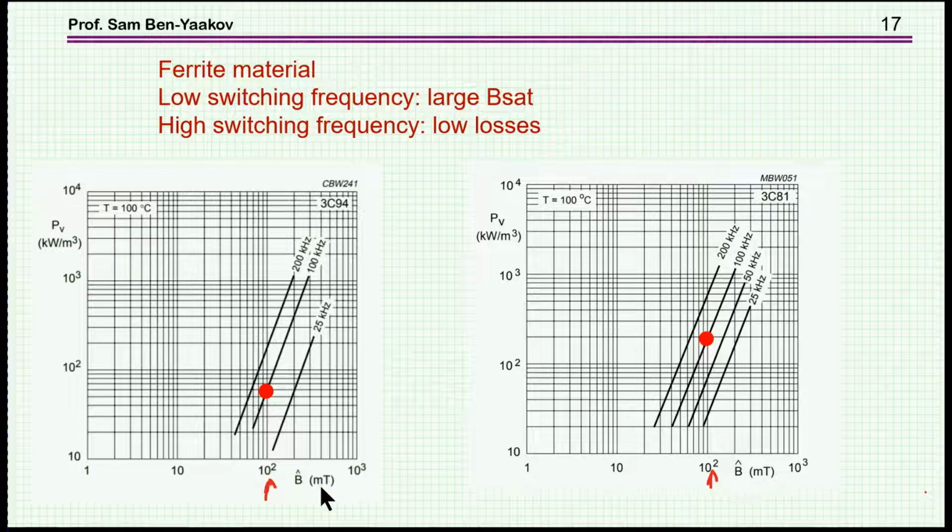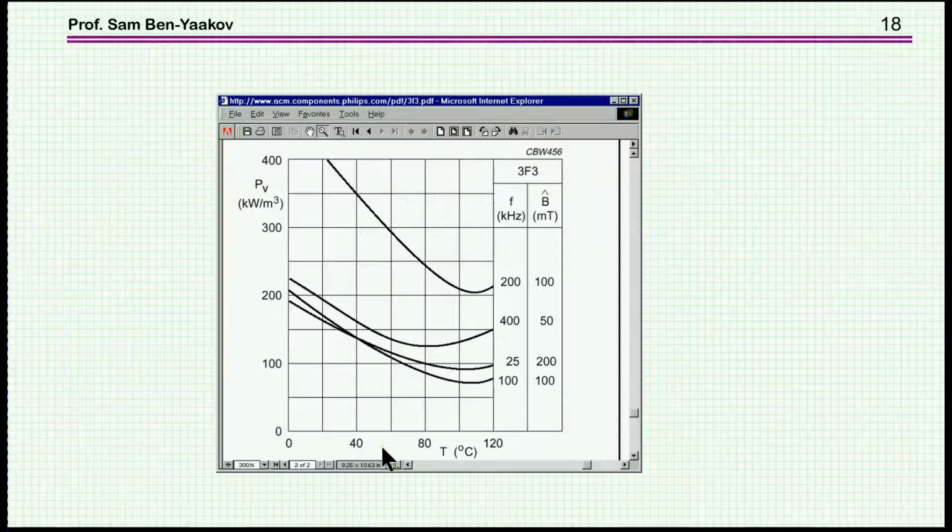Therefore, the selection of material will depend on the losses. Also, one has to take into account that in most ferrite materials the losses are temperature dependent, so you have to decide which is the estimated temperature that you're going to work at, and take this into account.